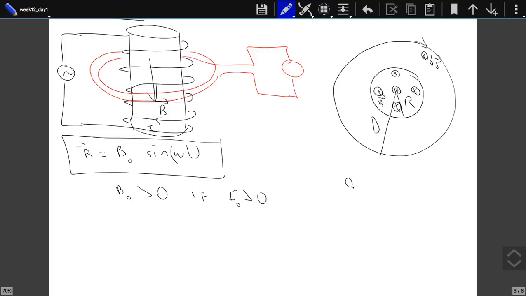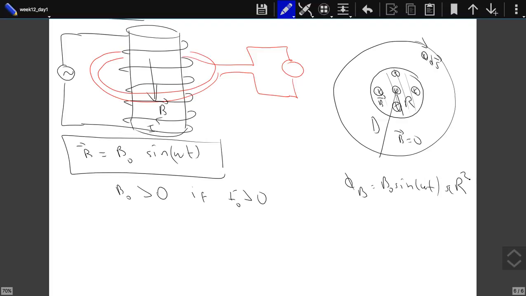Now, what is the flux passing through my outer loop? B0 sine omega t, but remember, here in this region, B is always 0. B is non-zero only in this region. So the flux in the integral, we can divide the area into two parts. One part where there is a magnetic B field, one part there is not a B field. The only contribution to the B flux will be from the region which has a magnetic field, so it will be just pi r squared.